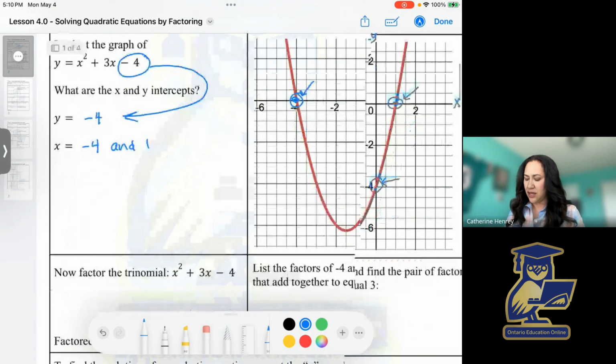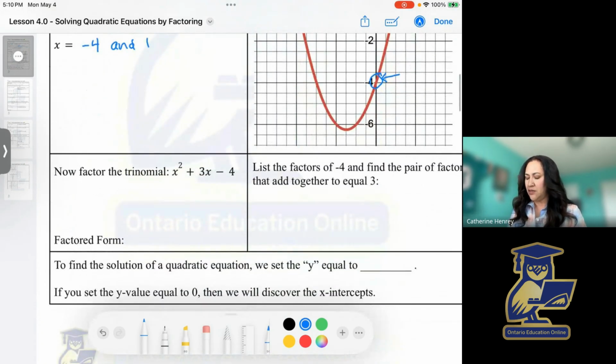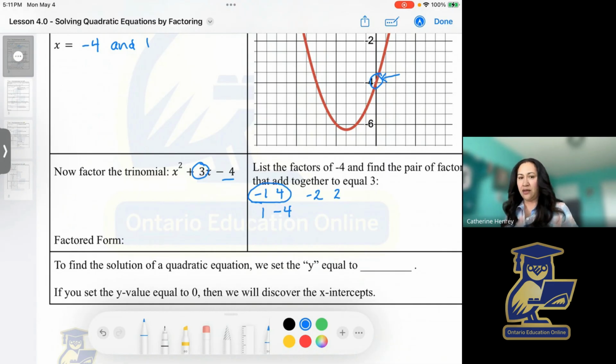So let's stay with the same quadratic and see if we can factor it. It's a simple trinomial. So we're thinking of two numbers that multiply to give you -4 and add to give you +3. And we've had lots of practice with this. So we could have a -1 and a +4. We could have a +1 and a -4. We could have -2 and a 2. And if we add these pairs together, this is the pair that seems to be the answer.